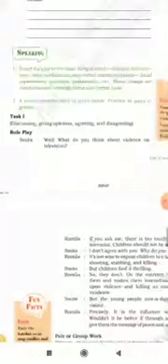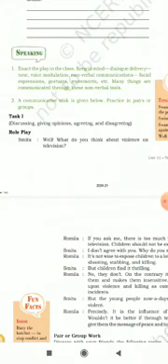Then comes our speaking. In a speaking exercise, mostly the role plays are given. Enact the play in the class. Keep in mind dialogues, delivery, tone, voice modulation, non-verbal communication, facial expressions, gestures, movements, etc. Many things are communicated through these non-verbal tools.